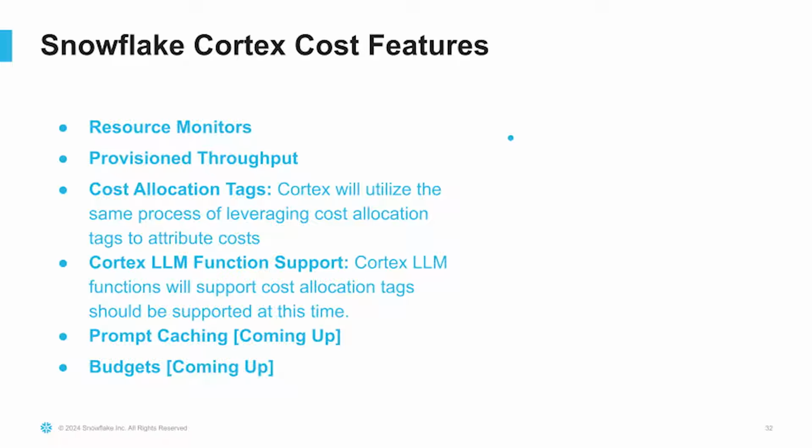We also have provisioned throughput, which allows users to secure a stable, low latency rate for a set credit price. So this guarantees predictable performance and cost, especially for high volume, real-time LLM inference. We have cost allocation tags as well, which are effective for attributing LLM token usage costs to the specific business unit or project responsible for consumption, which enables accurate internal chargebacks.